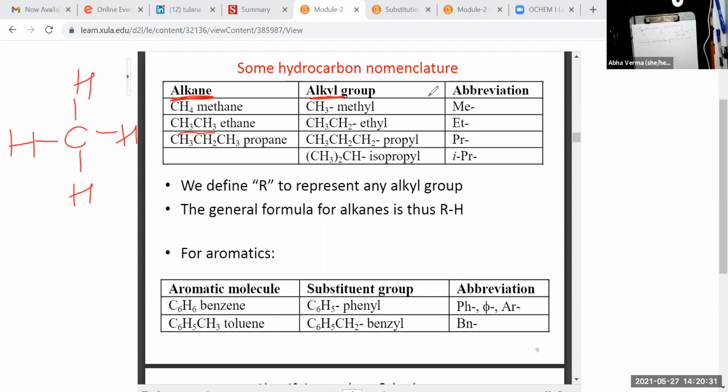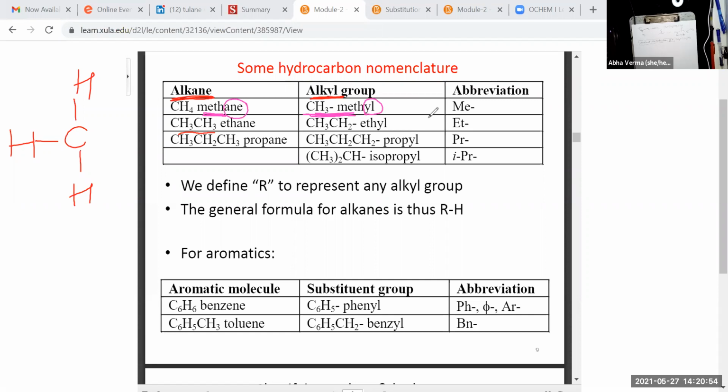However, if one of the hydrogens is missing, just one, this group now becomes the alkyl group. So meth is the root word.